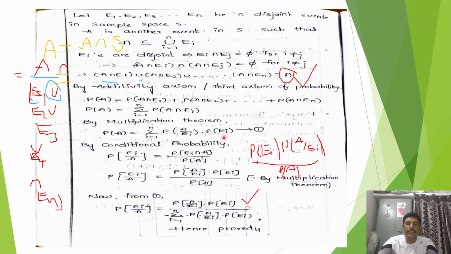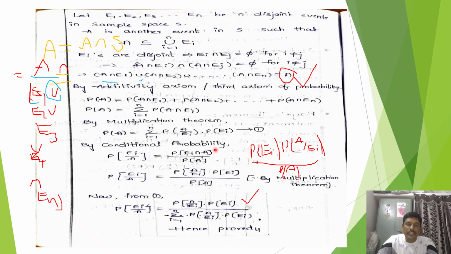That's why we are writing P of Ei here. Somebody may doubt, sir, why can't we write P of A, because we are finding A probability only. So you can't write P of A here. Is it understood? P of Ei into P of A given Ei. This is the probability of A.